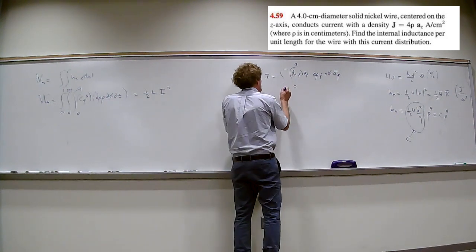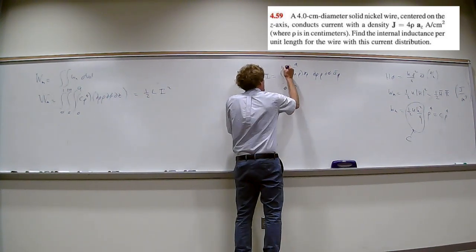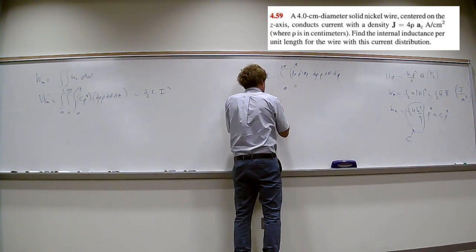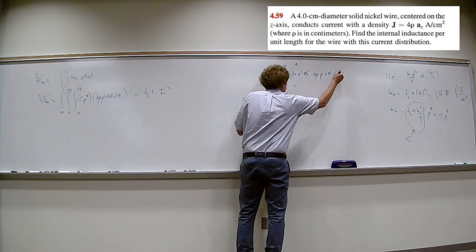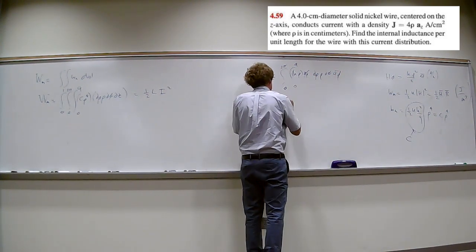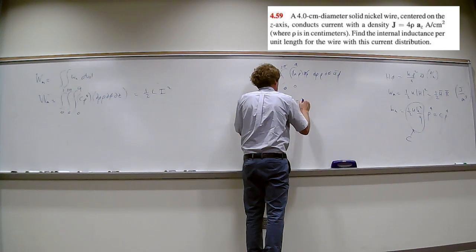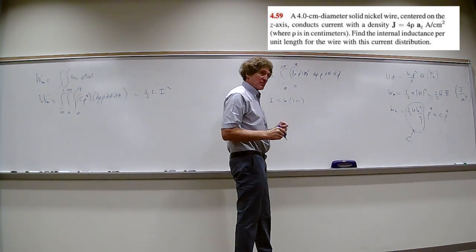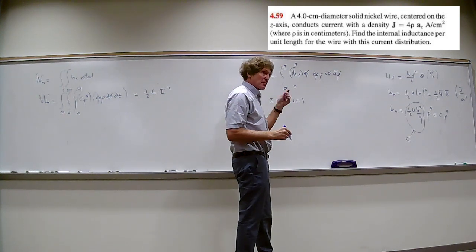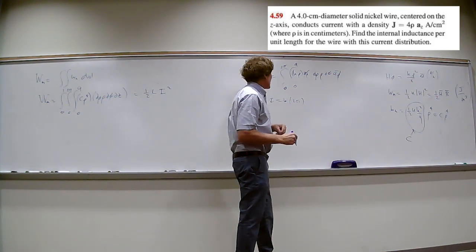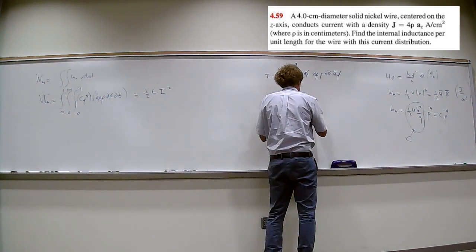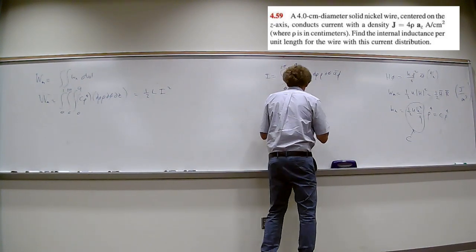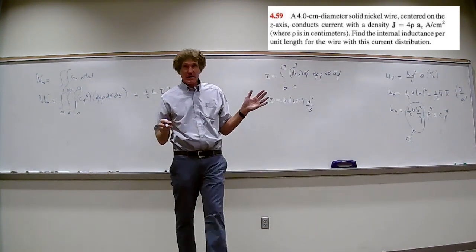I'm trying to help you. All right, so what is I? That goes away. What do you get? K comes out in front. You get the 2 pi right off the bat. Then I have rho times rho, which is rho squared d rho, which would integrate to rho cubed over 3. Put in a, it's a cubed over 3. Y'all with me, everyone?